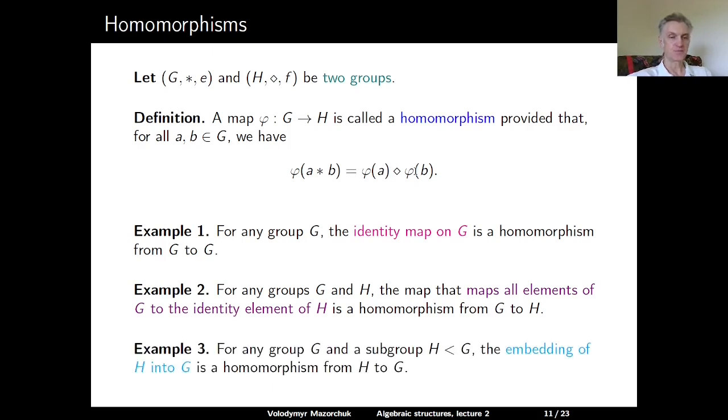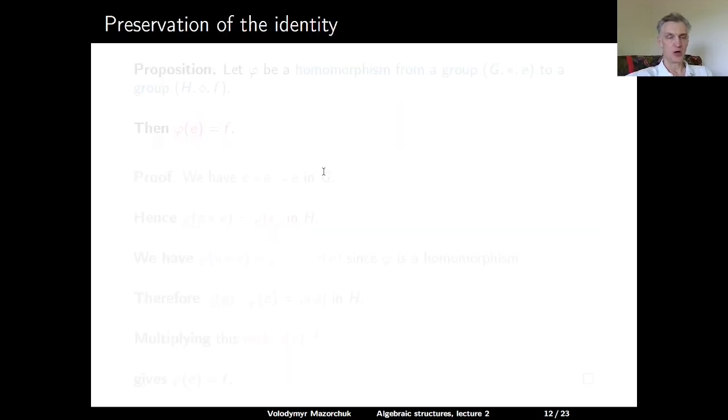Example 3. For any group G and any subgroup H of G, the embedding of H into G is a homomorphism from H to G. So then this equality is just trivial because the map is the identity on the elements. Homomorphisms have two very special basic properties.